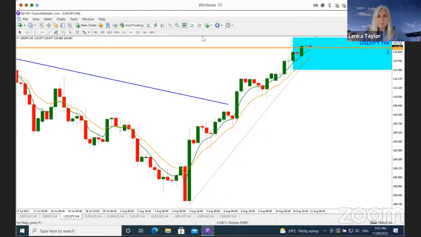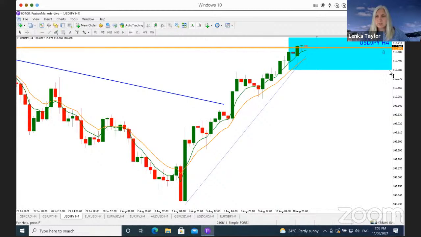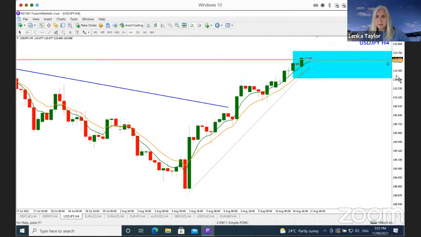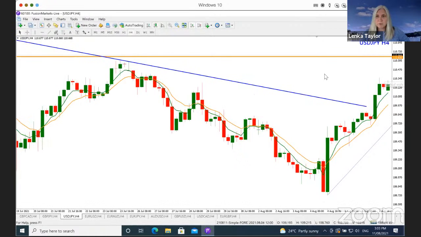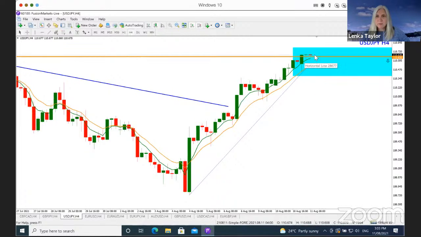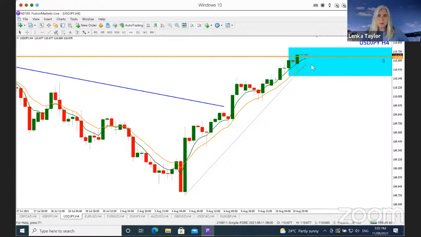On the 4-hourly, I'm looking for a reversal. If there is no reversal and it keeps going up, that's fine. I'm going to be staying out in that case. So I'm only interested if there is a reversal at this point.